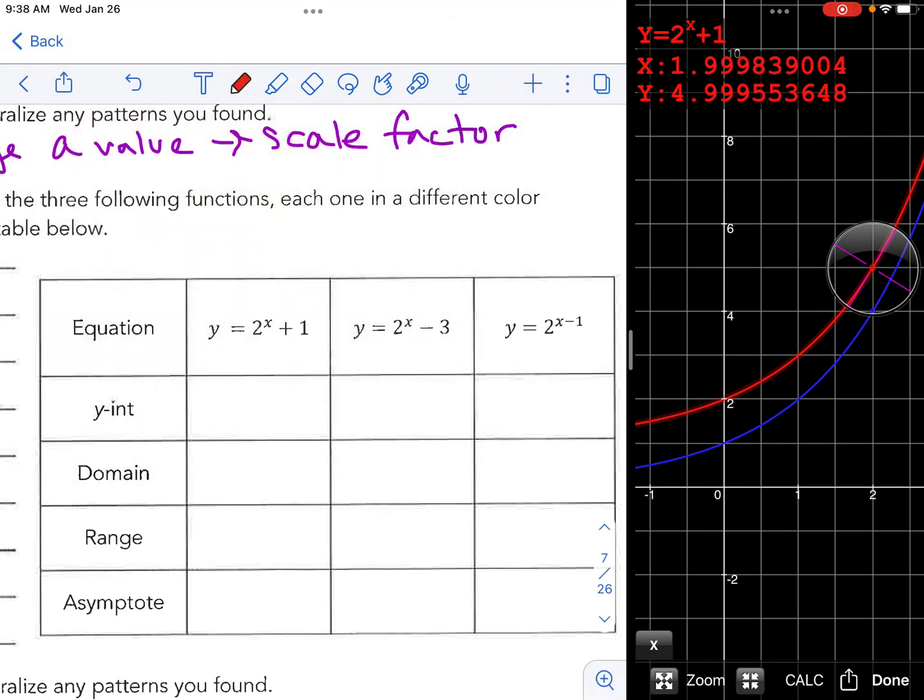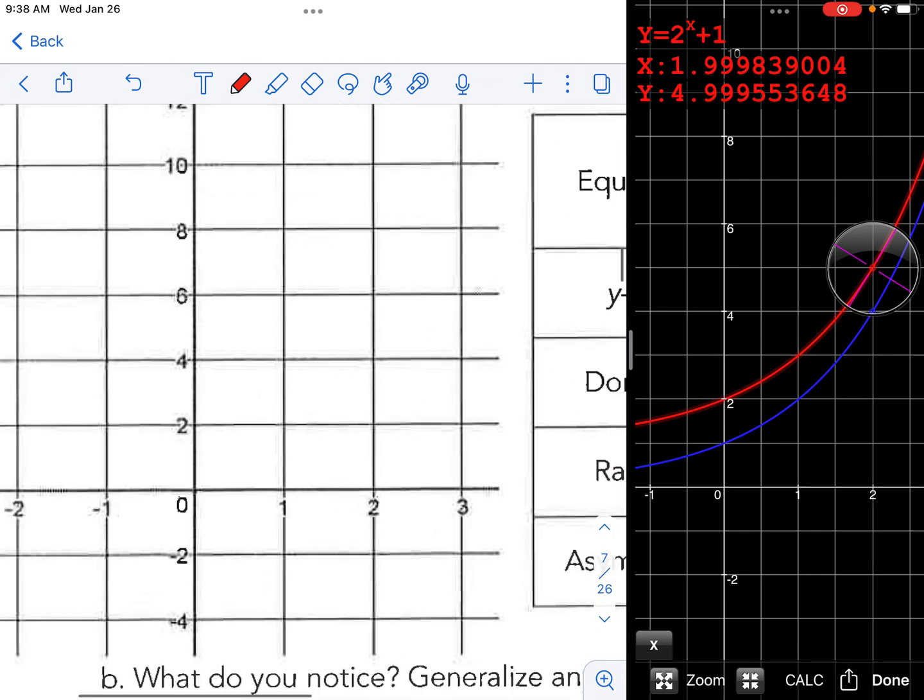So what is this? This is red. So this is a shift up 1. So now we're at 0, 2. But you know what? We still have the same shape, and we're still in the same location on the coordinate plane, and we still have the same asymptote. So instead of going at 1, we're going to shift it up 1 to 2. So we're going to take that parent function. Actually, if I do this, this is that parent function.